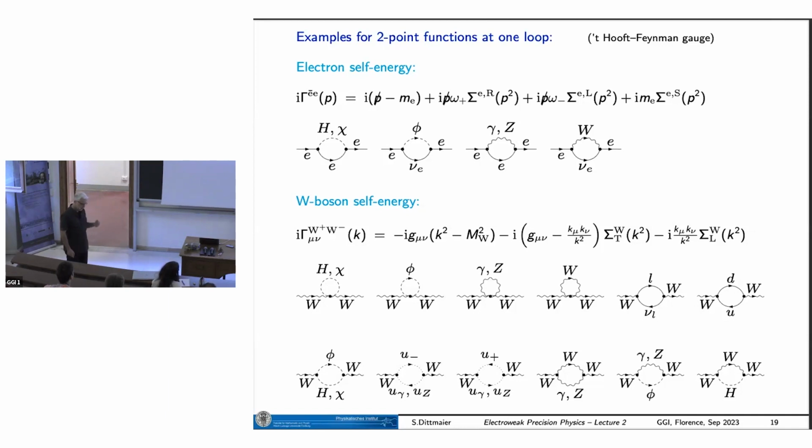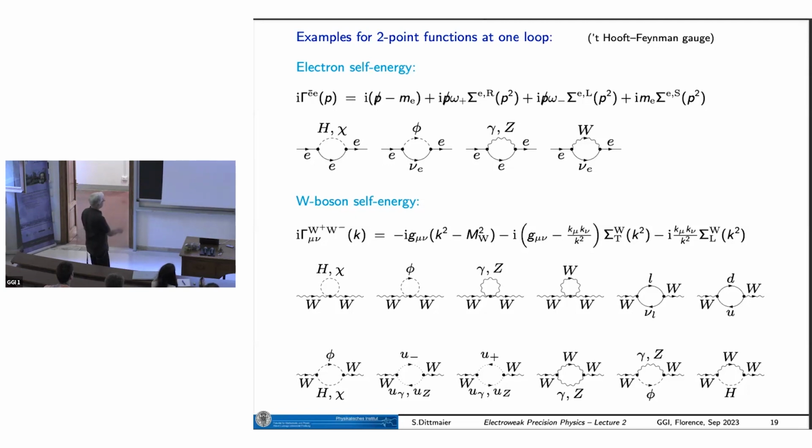For example, the electron mass renormalization constant, and also for the field, things like this. Similarly, for the W boson, I've spelled it out here. You have also plenty of diagrams. And what we do, typically, in the Green functions, we exploit the spin structure of the corresponding fields to parameterize these two-point functions in an appropriate way, which means, for example, the following.